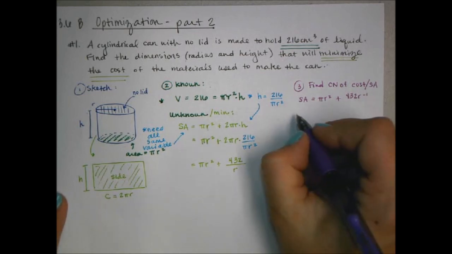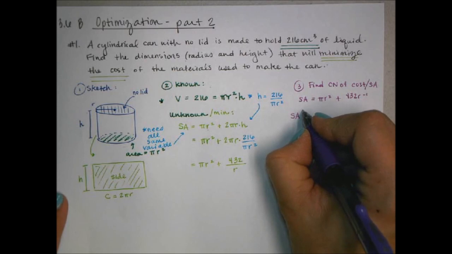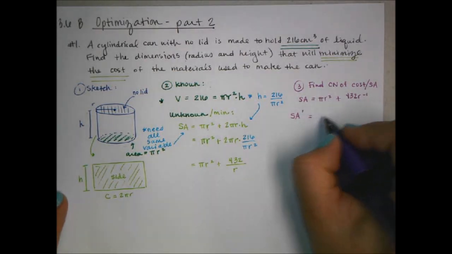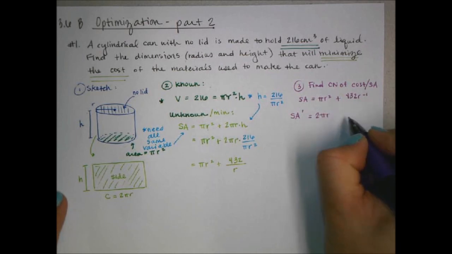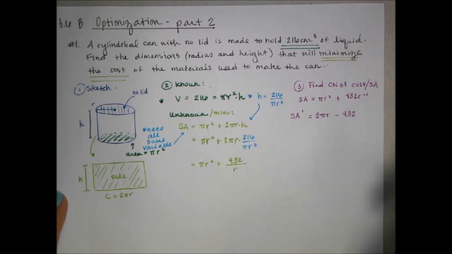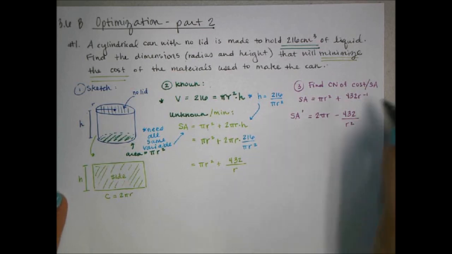We'll take our derivative. Okay, so we end up with 2 pi r minus 432 r to the power negative 2, so over r squared. And in finding critical numbers, remember we set this equal to 0 and solve.